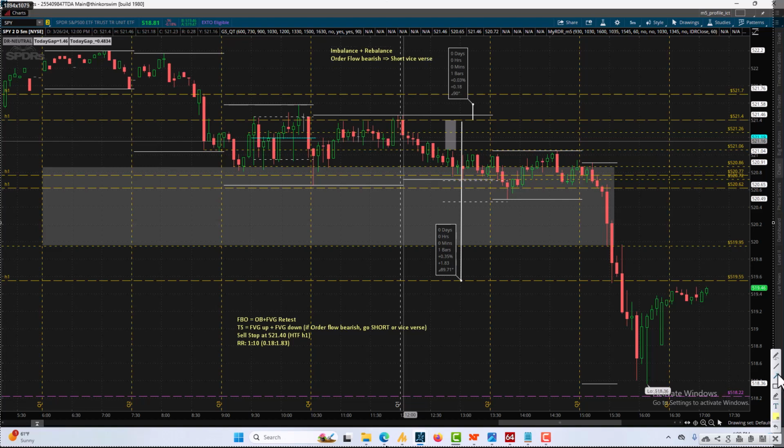It's basically right here. Up, see the gap, and the level right there, 521.26. That's the level.